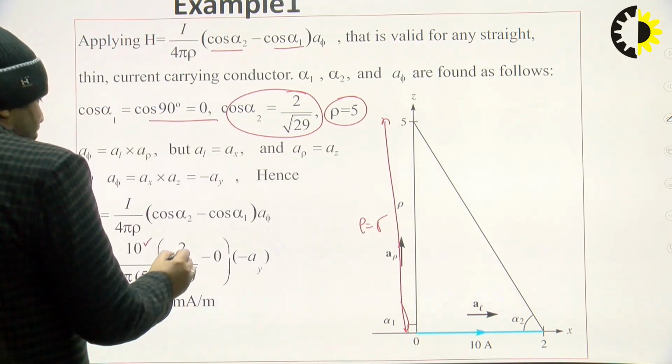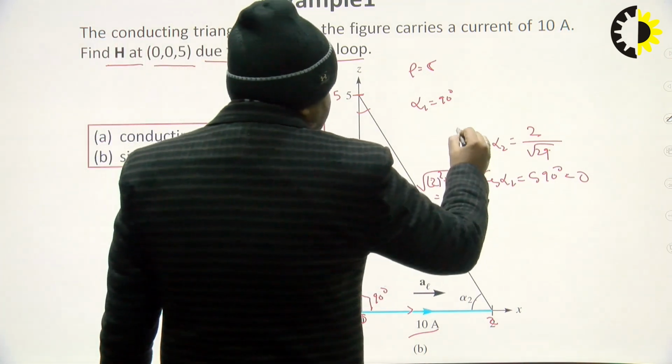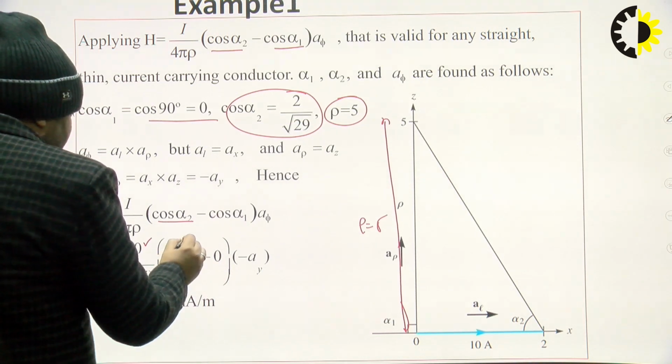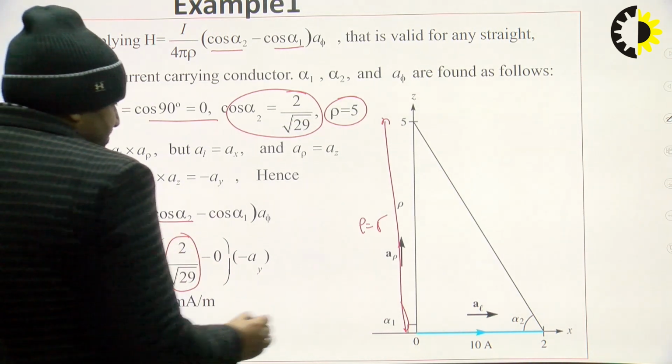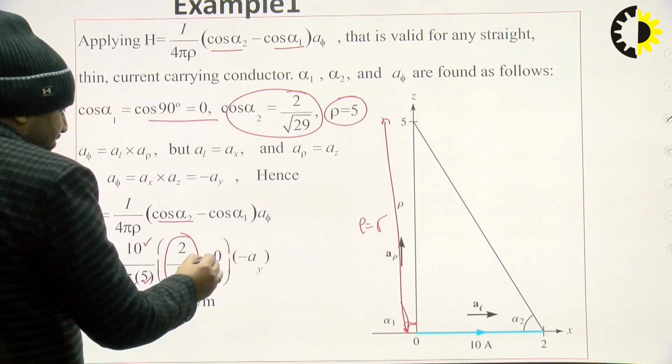And we also calculated cos alpha 2. What is cos alpha 2? Cos alpha 2 is defined by 2 upon under root 29, so we put 2 upon under root 29 here, and alpha 1 is given as 90 degrees. So what is the value of cos 90? It is 0.